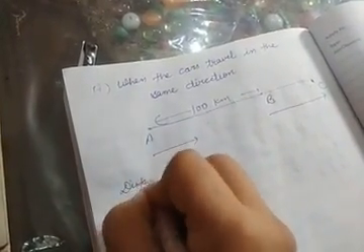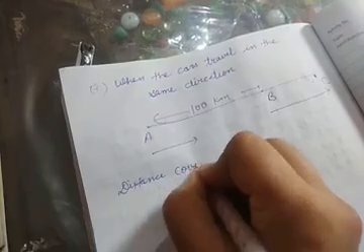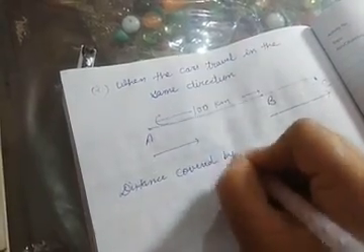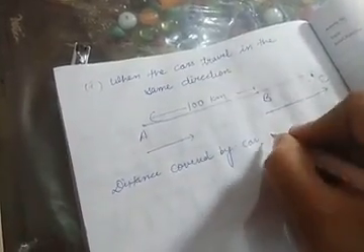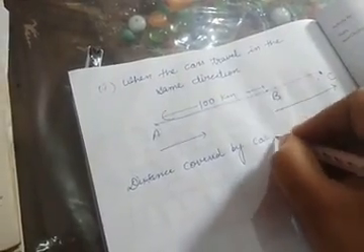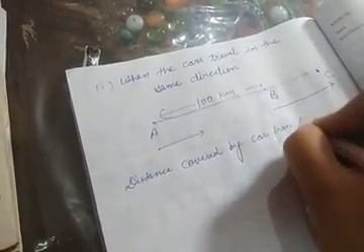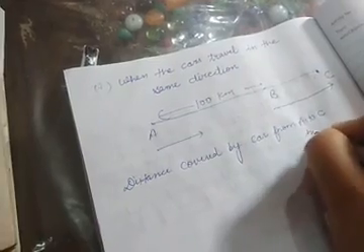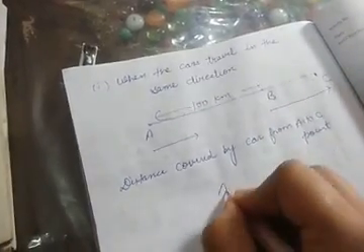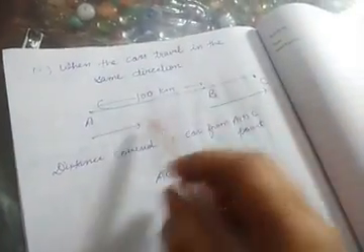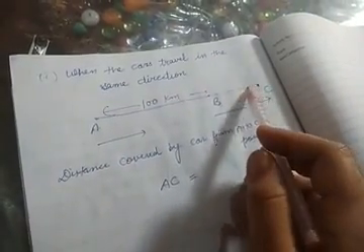Distance covered by car from A to C point, that means AC distance. What will be AC distance?